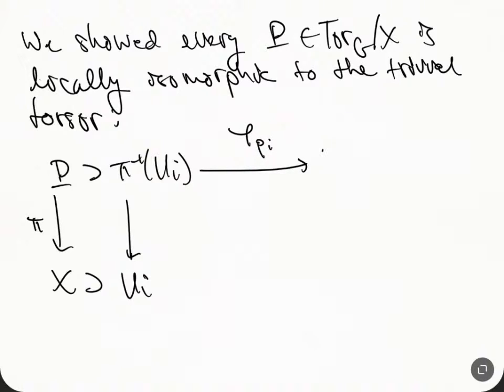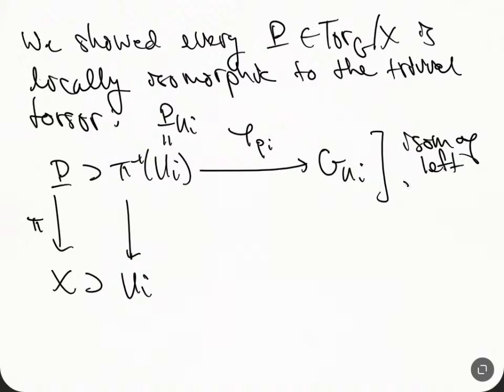By the way, pi inverse of U_i is just equal to P restricted to U_i. This thing was locally isomorphic to here, and this was an isomorphism of left G-U_i sets. Let me call this psi_i.